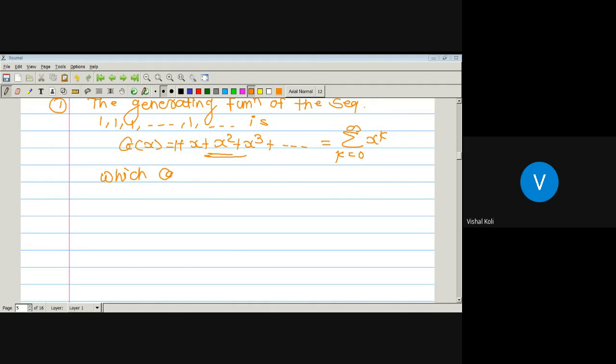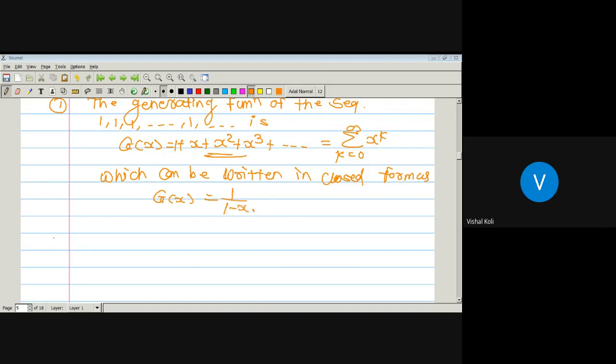Which can be written as 1 upon 1 minus x. Okay, which can be written in closed form as g of x is nothing but 1 upon 1 minus x.